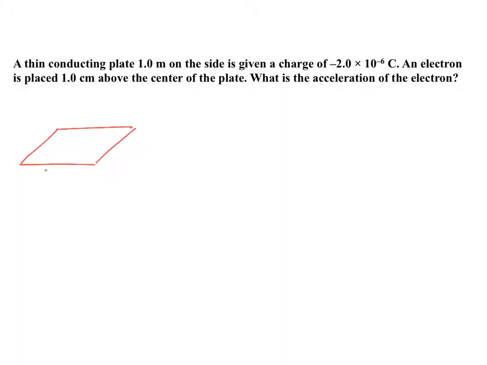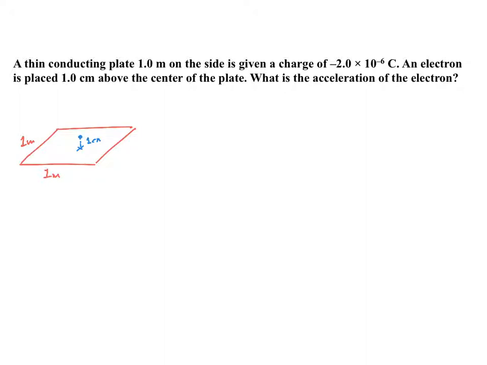So this is 1 meter, 1 meter, and it has that minus charge. And then there's an electron that we would put above this plate. Okay, that's 1 centimeter above it.